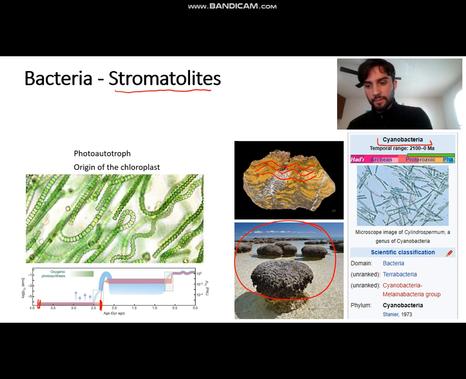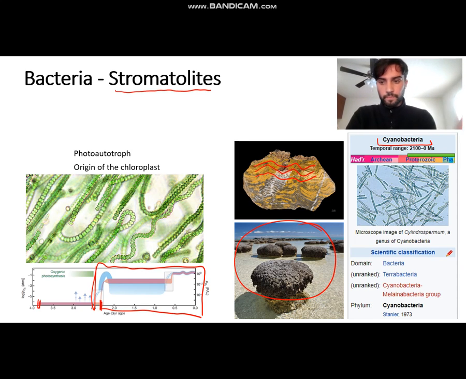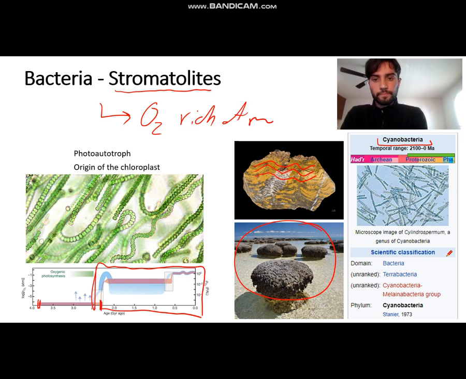Back then, 2.5 billion years ago, there wasn't any oxygen on the planet. As they did photosynthesis, they started to generate oxygen, and this dramatically changed the atmospheric environment of our planet. This was the origin of the oxygen-rich atmosphere, and that changed everything.